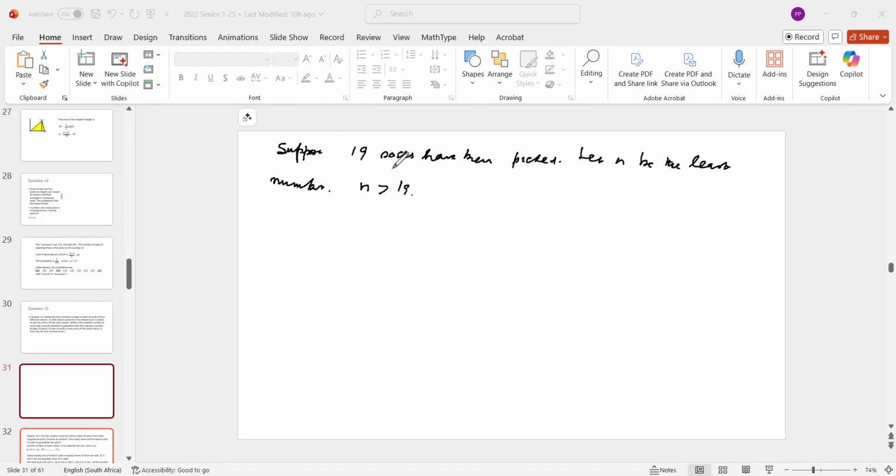We don't know how many of each you've got. Even the colors were not given. So let A, B, C, and D be the number of socks picked of each of the 4 colors.